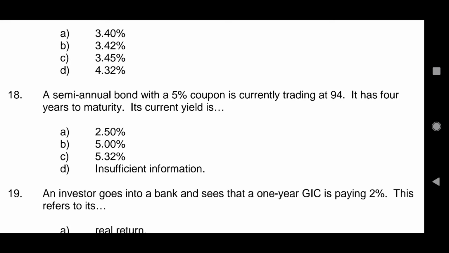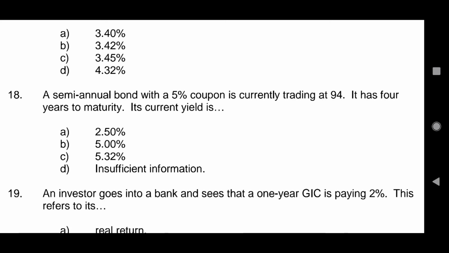And so since there is only one answer here that is higher than 5%, then you can really, through the process of elimination, just figure out that the answer must be 5.32% and all of the other ones must be incorrect. So it definitely couldn't be 2.5% because that would be a lower number. It can't be 5% because it's not trading at $100, right? $5 out of 100 would have been 5%, but you only paid $94.